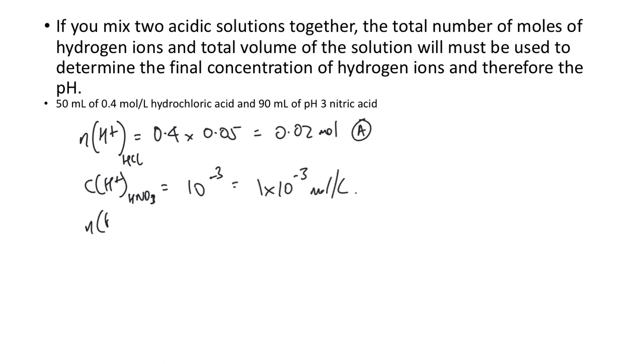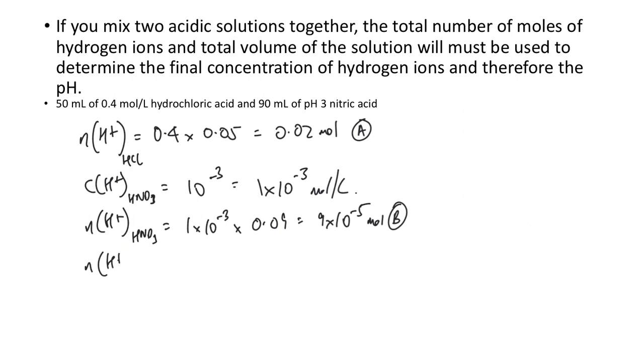Then I can work out the number of moles of H+ from the HNO3, which is 1 times 10 to the negative 3 times 0.09, which will be 9 times 10 to the negative 5 mole, which we'll call B. And therefore we can work out the total number of H+ ions, which will be, what will that be?